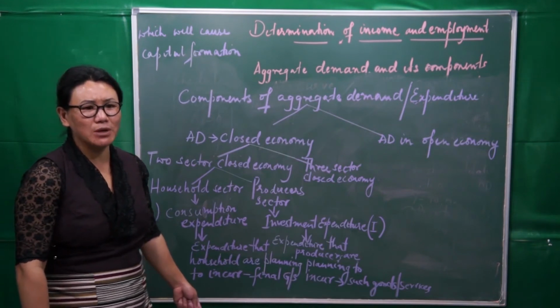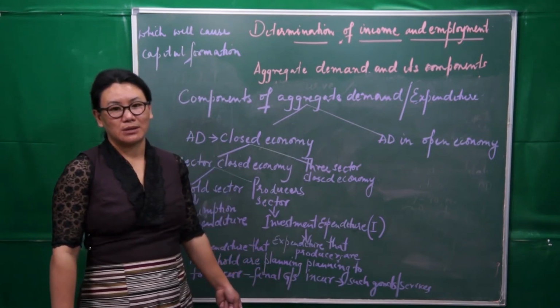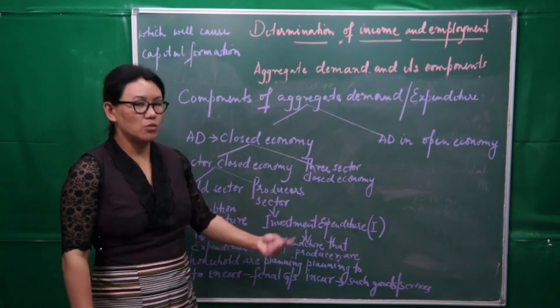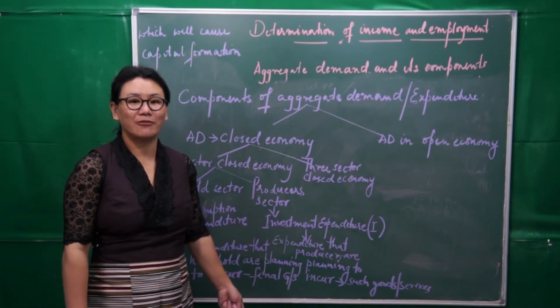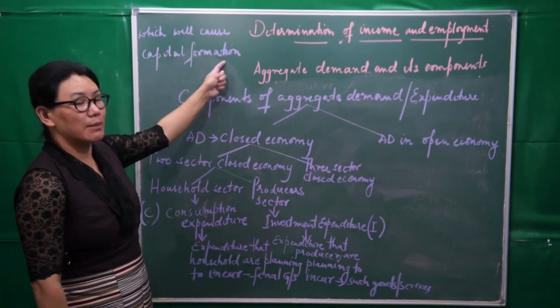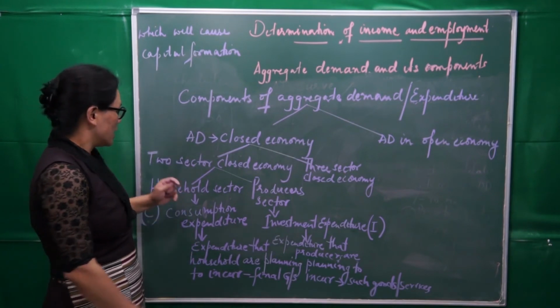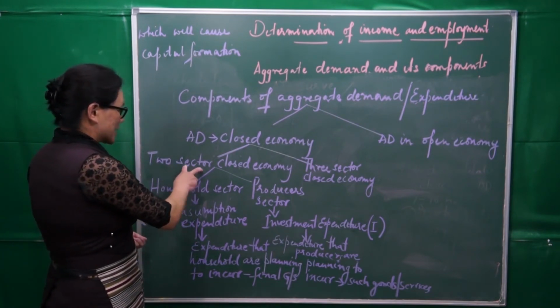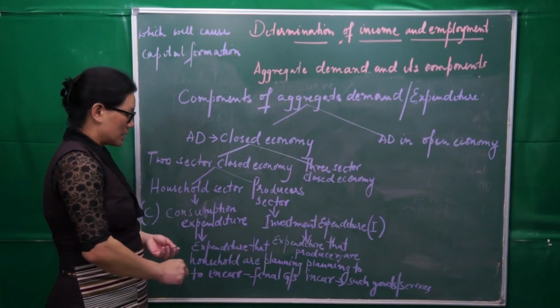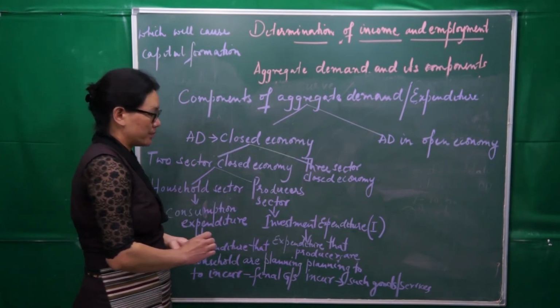I'll take up example of machinery items. So we can say investment on what? Machinery items are fixed assets. And those things will cause what? Capital formation. Is that clear? Okay. This is regarding two-sector closed economy, household expenditure as well as producers' expenditure.